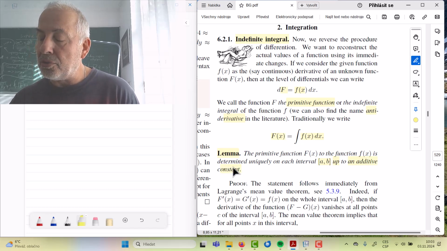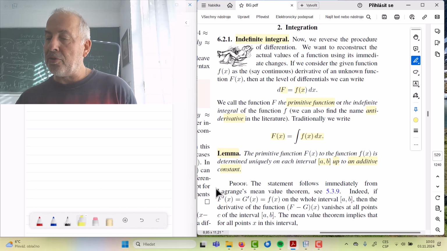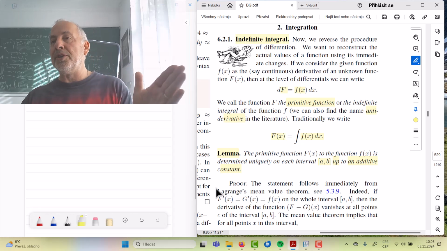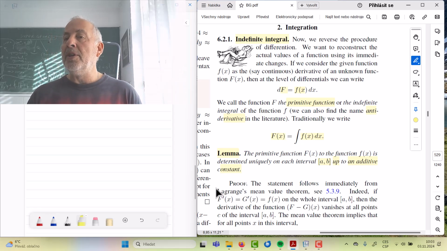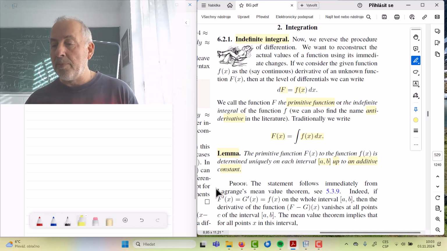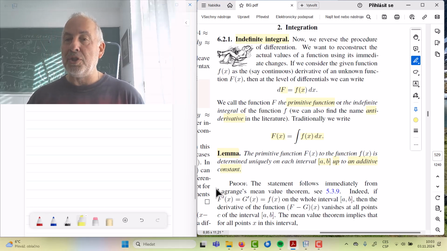And this is easy to see, because if you have two such primitive functions, their difference will have derivative 0 all over the interval AB. And by the mean value theorem we know that then the values at the beginning and the end must be the same, and so the whole functions F and G differ by a constant only.